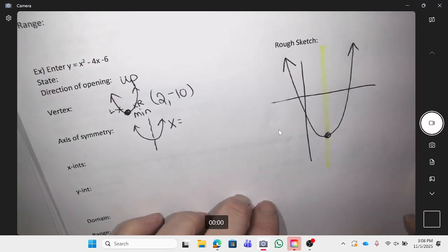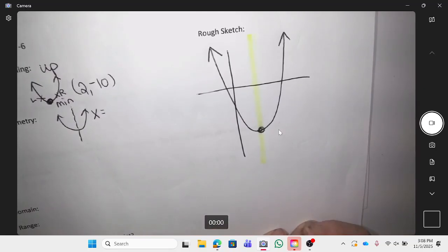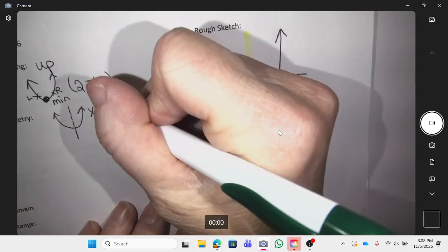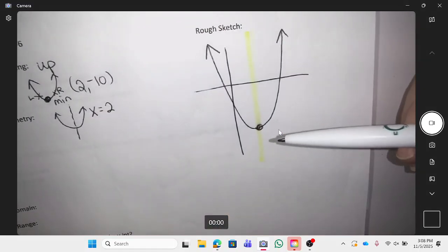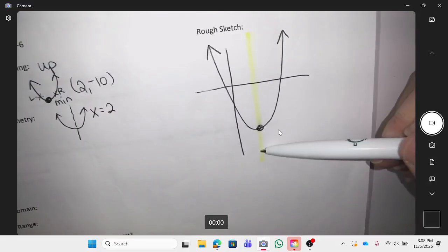Does anybody know on the graph which x value this would go through? Because it goes through my vertex. So what's the x value it will go through? 2. It goes through my vertex, correct? The vertex is in the center of it all. To be symmetric, you're in the center. So x equals 2.